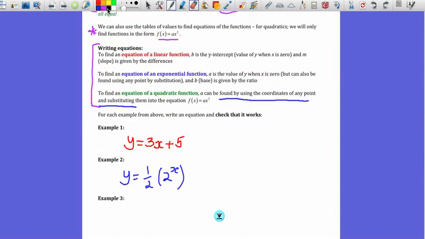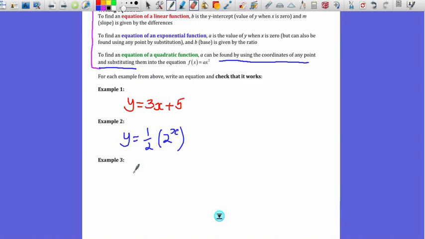Okay, and so what we have is the general form of the equation, which is y equals ax squared. What I'm going to do is substitute in 2 in the place of y, because that was the y coordinate of the point we selected, and 2 in the place of x, because again that was the x coordinate of the point we selected.